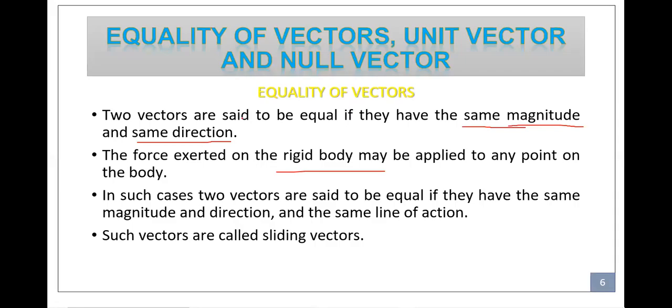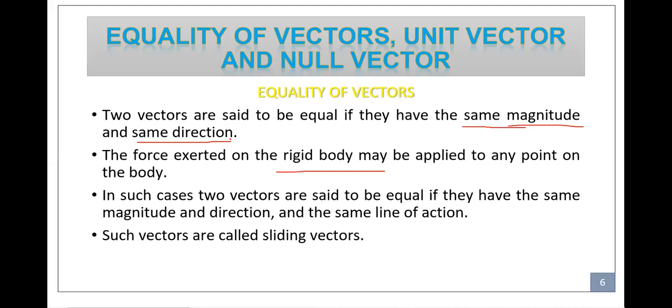When do we say that two vectors are equal? For a vector, we consider both magnitude and direction. So we say that two vectors are equal only if they have the same magnitude and direction. Then only those two vectors are said to be equal.